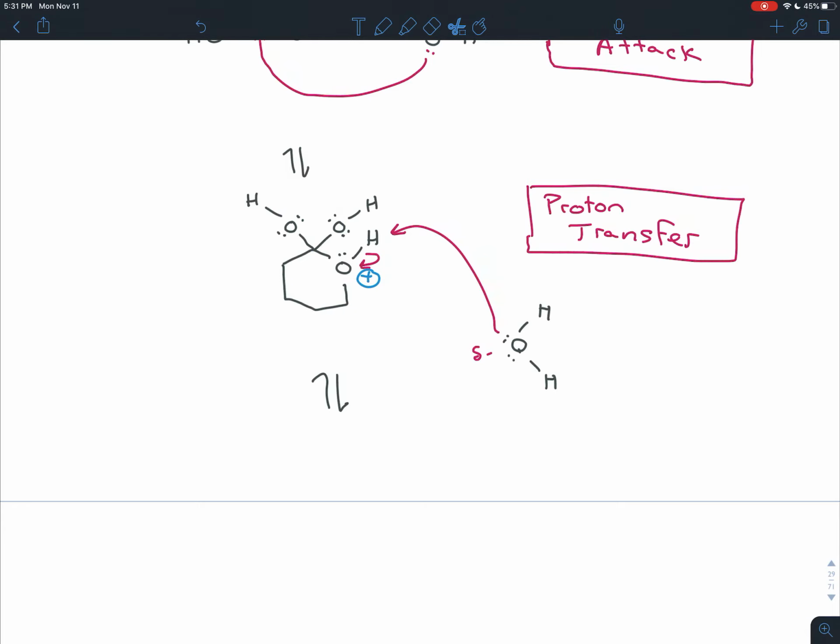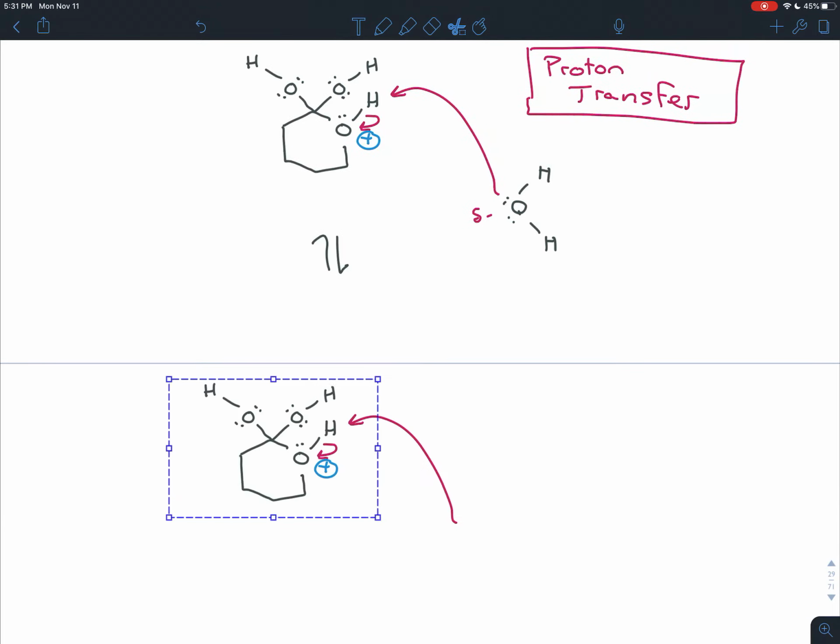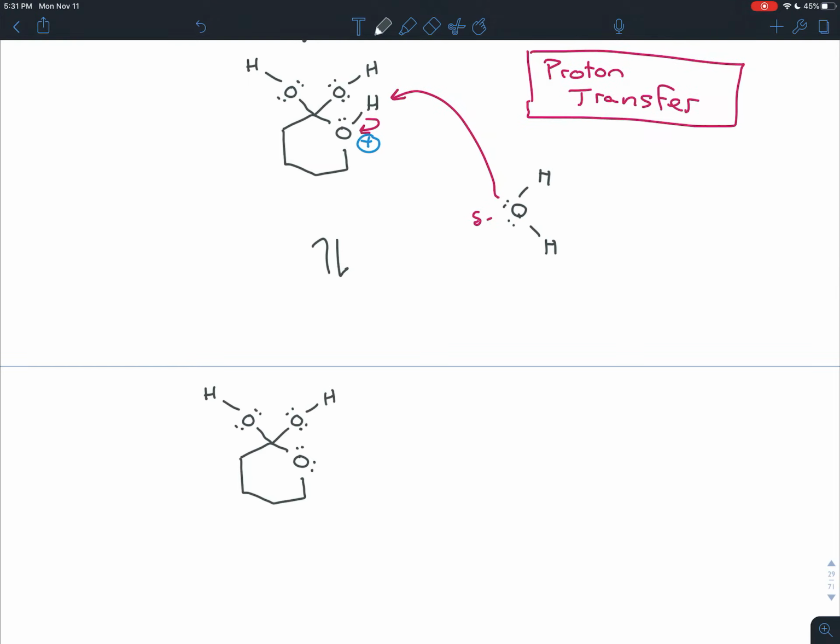So that stable tetrahedral intermediate will look like this. In addition to that, we will have hydronium. Water would have accepted the H+, and so become hydronium.